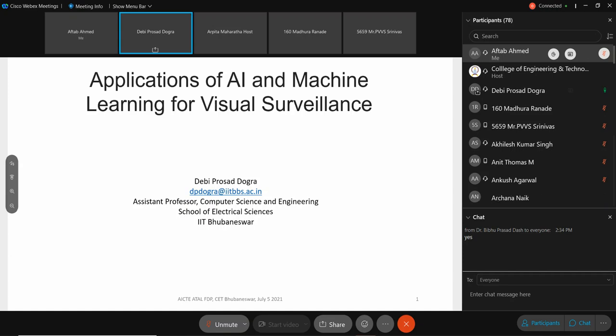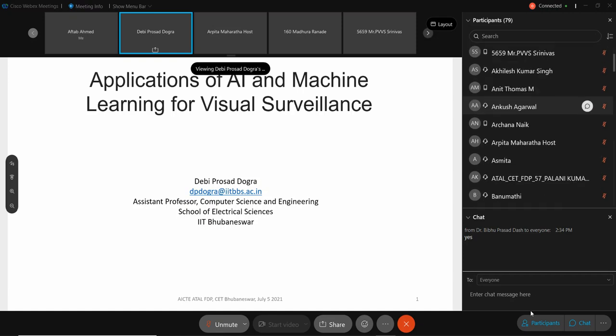So, the topic of today's discussion is on applications of AI and machine learning for visual surveillance. And I shall be primarily discussing the latest research work that is being carried out in this field, and obviously starting with some of the preliminary things, to understand what visual surveillance is and how AI and machine learning has actually helped to achieve certain goals which were not earlier possible in the domain of visual surveillance.